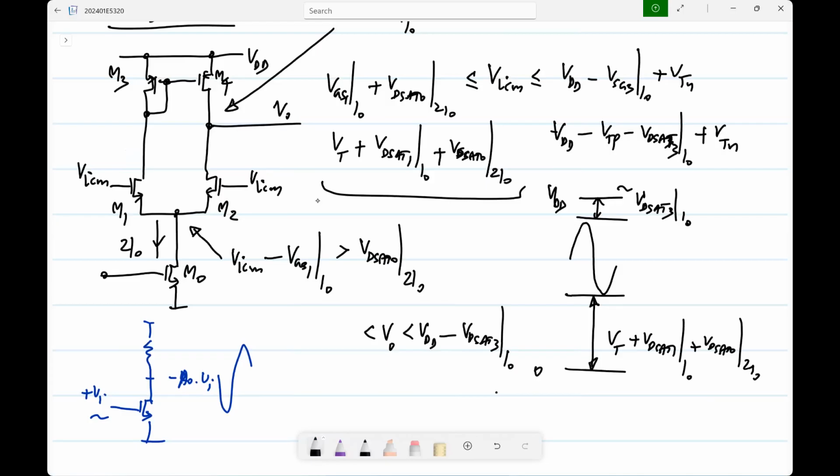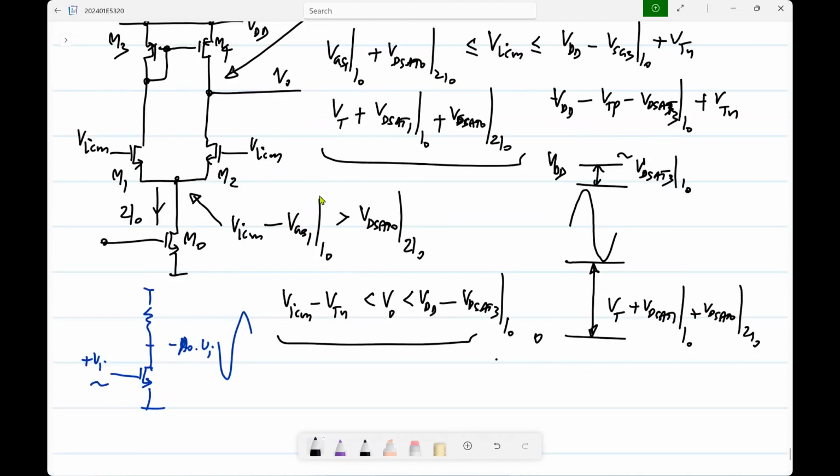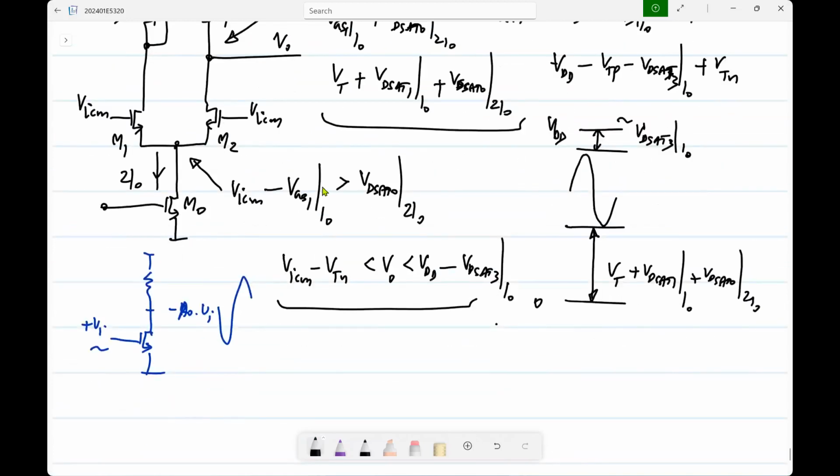How far can it go? It can come below the gate for an NMOS, but only by one threshold voltage. So it is VICM minus VTN. So this is also skewed towards the upper side. On top of it, the output swing is dependent on the input common mode voltage. Whatever input common mode voltage you have, you can go lower than that.